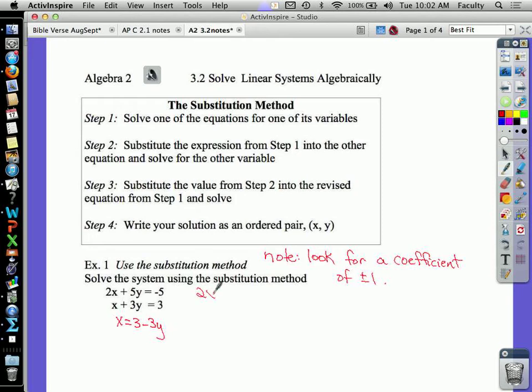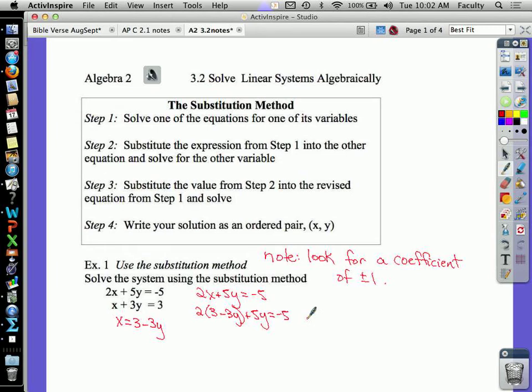So I'm going to take 2x plus 5y equals negative 5, and I'm going to replace the x with 3 minus 3y. Now looking at this resulting equation, what did that do for me?